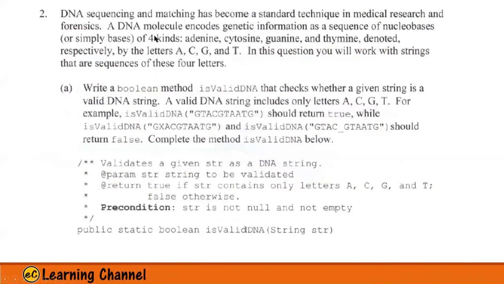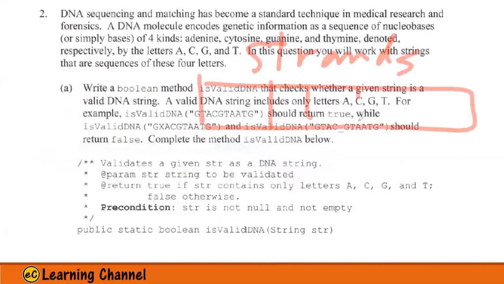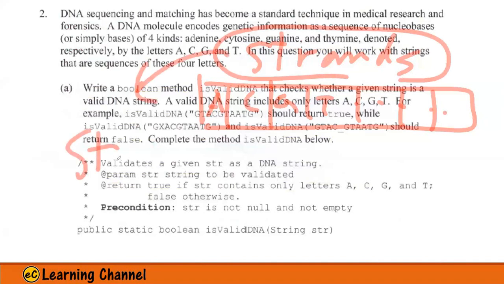We know DNA has nucleic acids of four types: A, C, G, T. We would like to check whether a strand, let me say a DNA, is called a strand. A strand is actually a connection of all the A, C, G, T. It is represented by a string in Java, so we call it a DNA string.